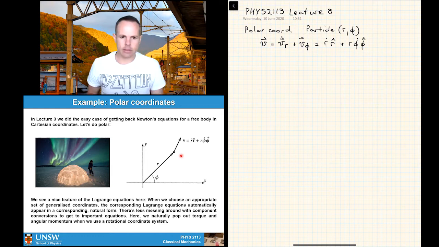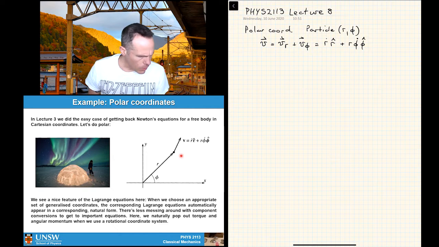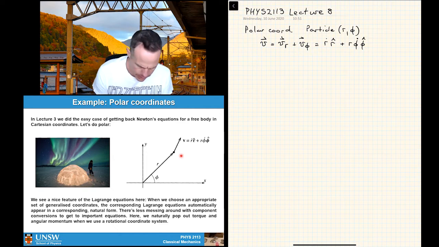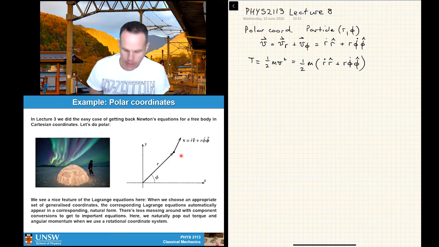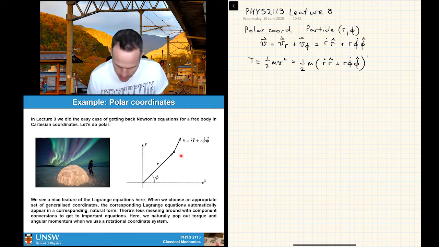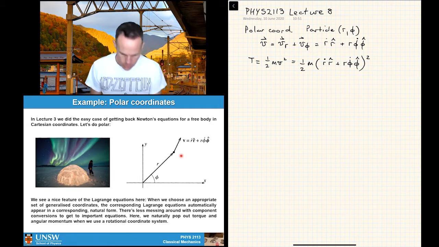phi hat, okay? All right, so that allows us to then get our kinetic energy. Our kinetic energy is a half m v squared as usual. And of course, it's going to be a half m (r dot r hat plus r phi dot phi hat), and of course there's a square in here. So what we need to do is take the dot products through here.